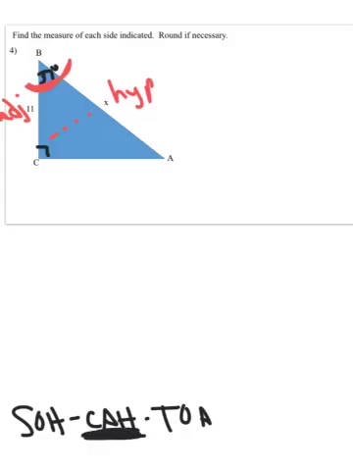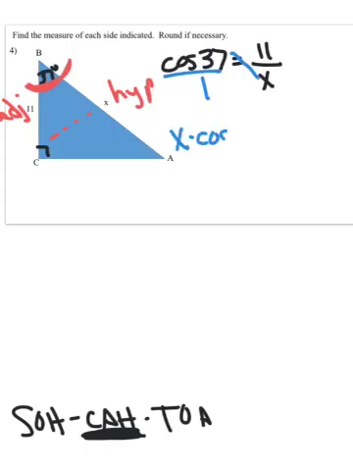So our ratio would be the cosine of 37 equals our adjacent side is 11 over our hypotenuse, which is x. So we'll put cosine of 37 over 1. That way we can cross multiply. So cosine of 37 times x, x times cosine 37 equals 1 times 11 will give us 11.